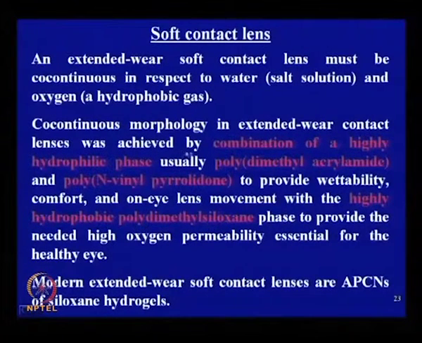lens was achieved by combination of a highly hydrophilic phase, say for example, polydimethyl acrylamide. Acrylamide you know, polyacrylamide you know, dimethyl acrylamide means where the methyl groups are there? On the nitrogen atom.